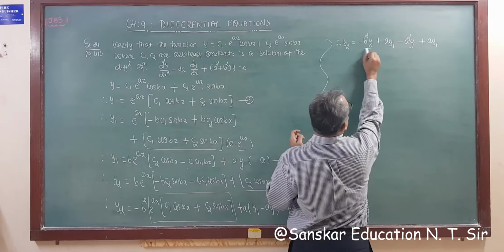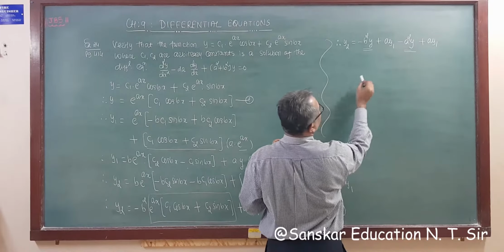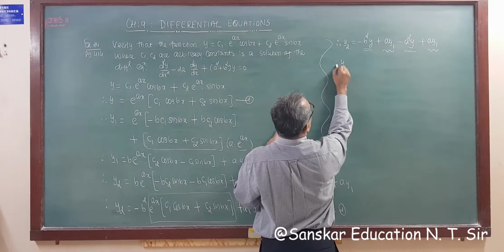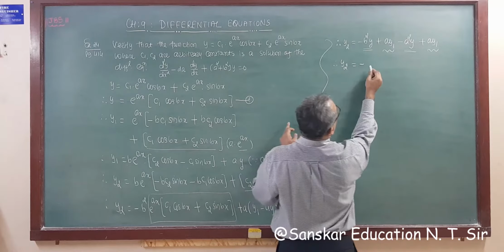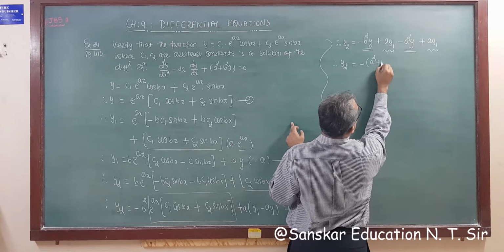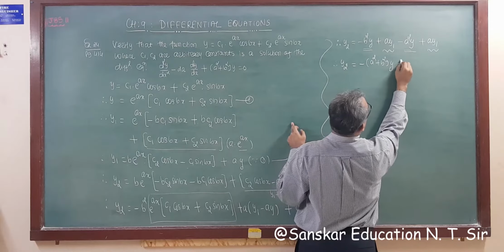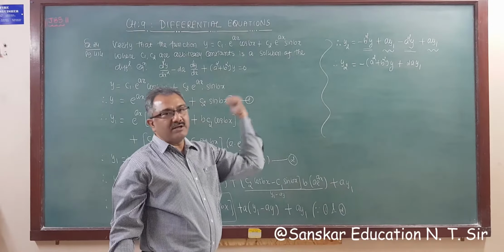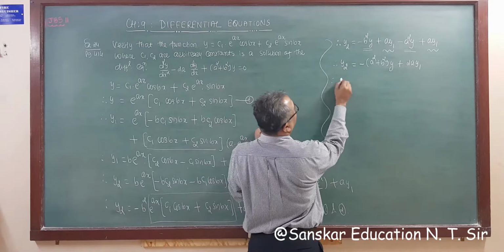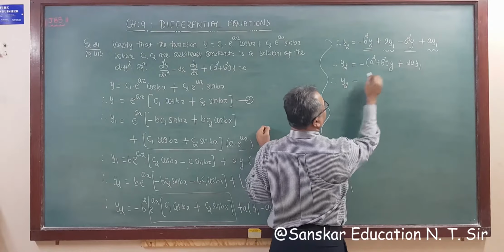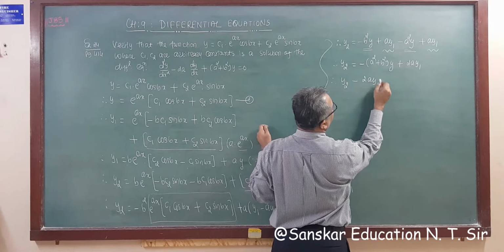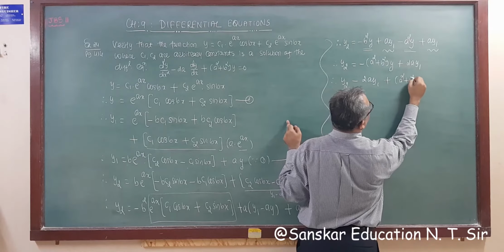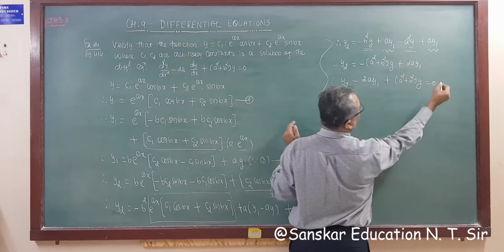So taking y common, and this is 2a y1, so we get y2 is equal to minus a square plus b square into y plus twice a y1. Taking all terms to the left hand side, we get y2 minus twice a y1 plus a square plus b square into y is equal to 0.